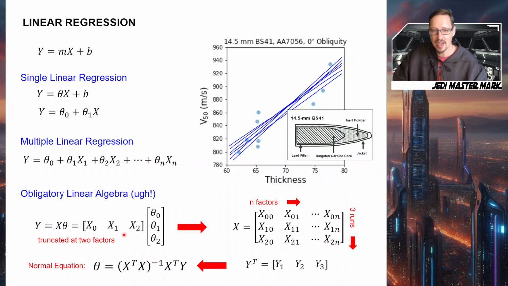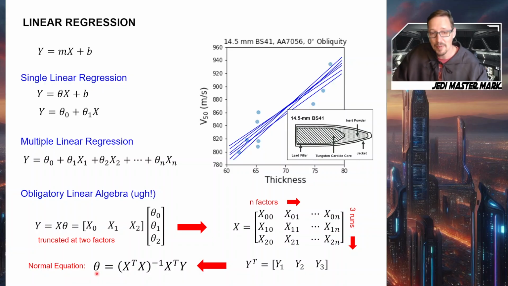So in this case, you have your x's, you have your thetas. In most cases, you're going to have multiple different runs. So each of these is going to be a different row, and each of these different rows is going to have a corresponding output.